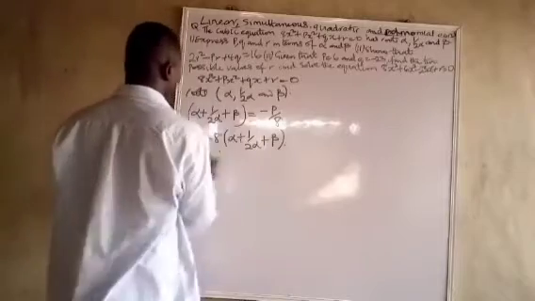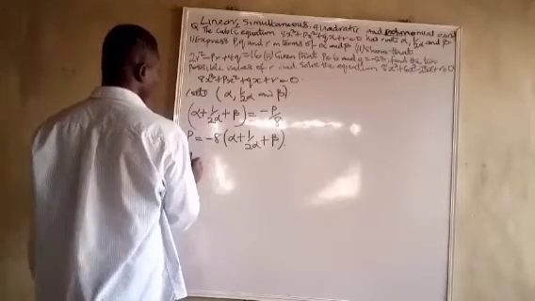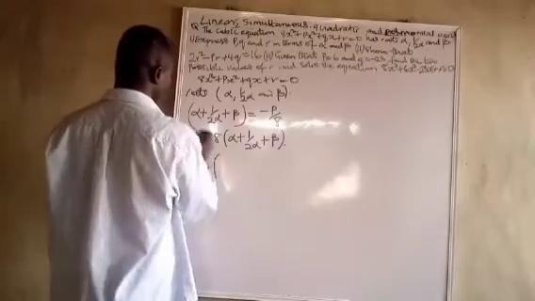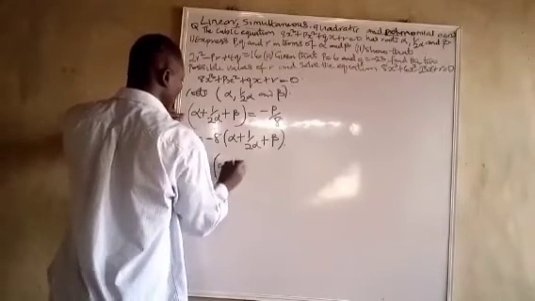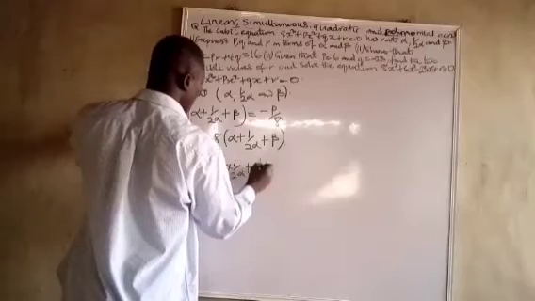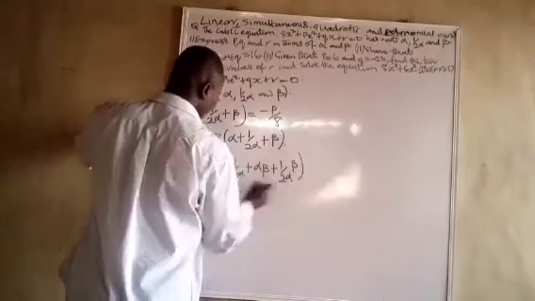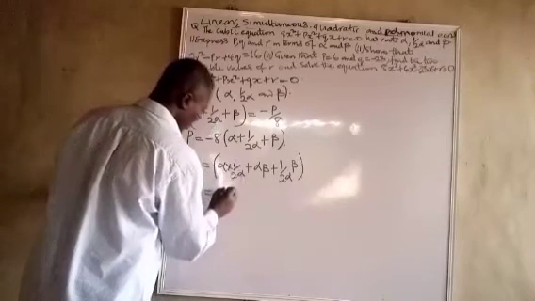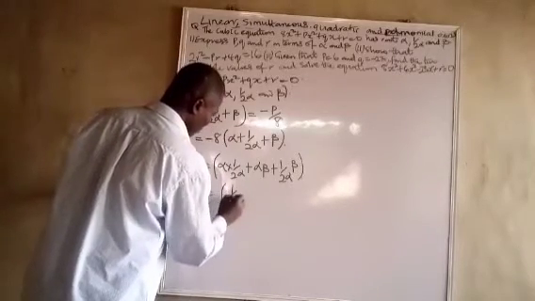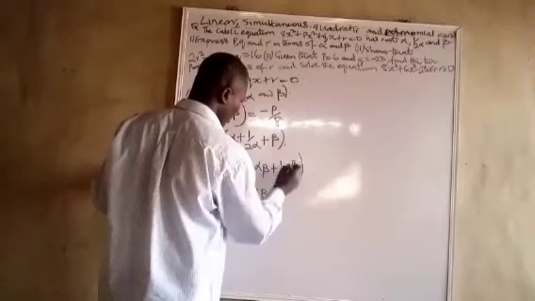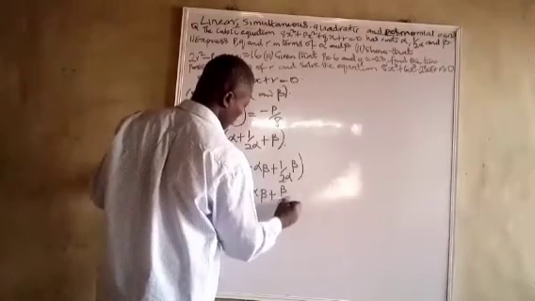For q, q over 8 will be equal to the sum in pairs: alpha times 1 over 2 alpha plus alpha beta plus 1 over 2 alpha beta, which should be half plus alpha beta plus beta over 2 alpha.